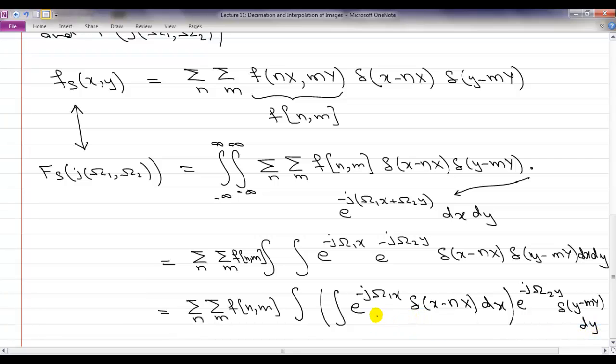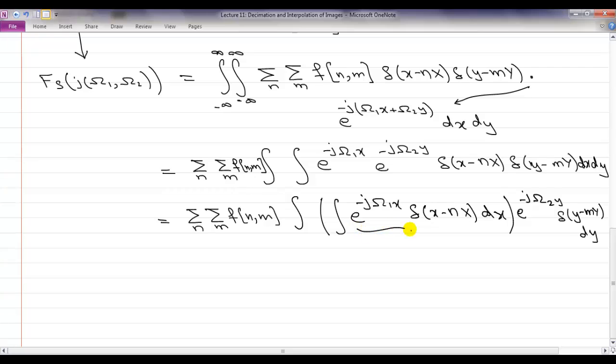Now by the sifting property, this will become e to the minus j omega 1 n capital X. You multiply a function with an impulse, you get back the function value at the location of the impulse times that impulse. So this inner thing is simply e to the minus j omega 1 nX times delta of (x minus nX). And of course, this thing is not a function of little x, so I can take it outside the integral.